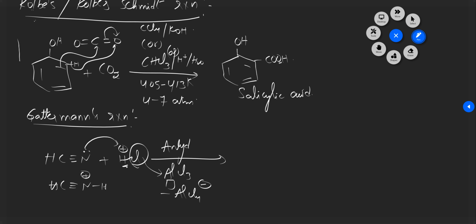It forms H, C, double bond, N, H. Now carbon has lost electrons, so carbon forms a positive charge. After the formation of this charge, it reacts with the phenol. Take that product, CH plus double bond NH. After its formation, it reacts with the phenol. Now we know this one is an ortho-para directing group. I am reacting at the para position, with the carbon. What will be formed here?